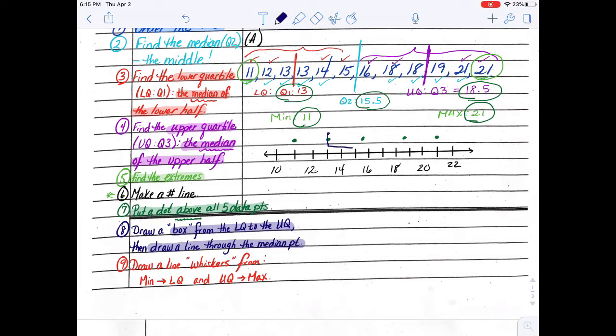Now I need to stretch that one out. There we go. Now we're going to go ahead and draw a line down through where that median is. So that median right here. And there we go. There's my box.